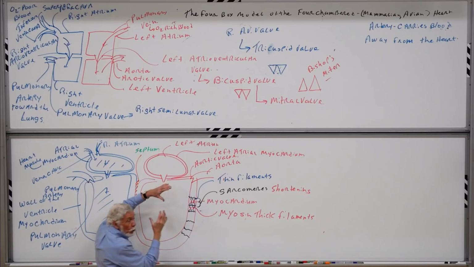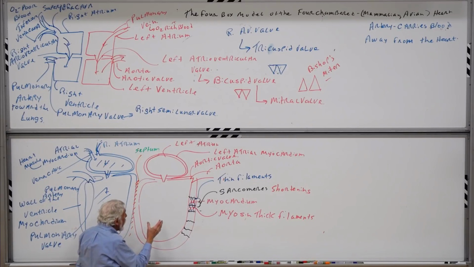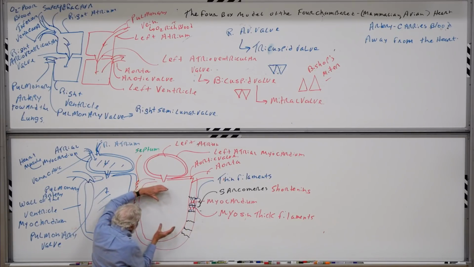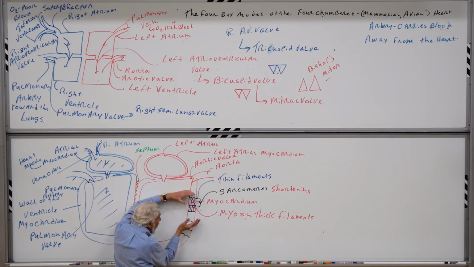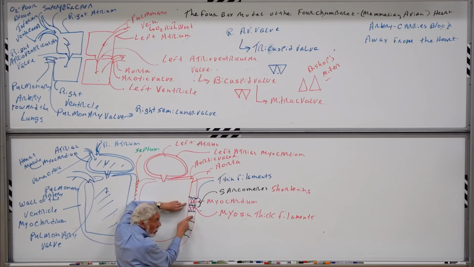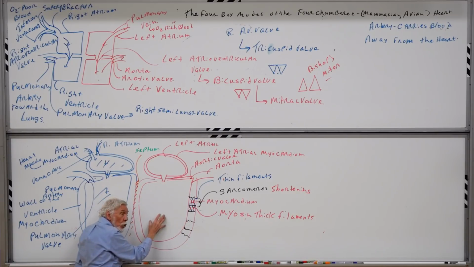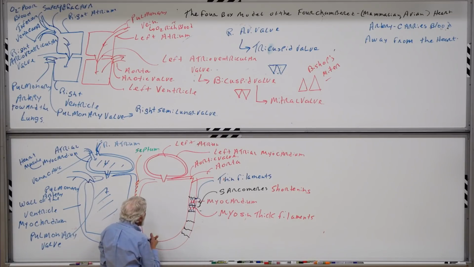When the sarcomeres shorten, they're organized in such a way that they're trying to reduce the volume of this chamber. It's as though the walls are closing in, and they close in because of the contraction of these sarcomeres. But recognize that under normal circumstances, this thing is filled with blood.